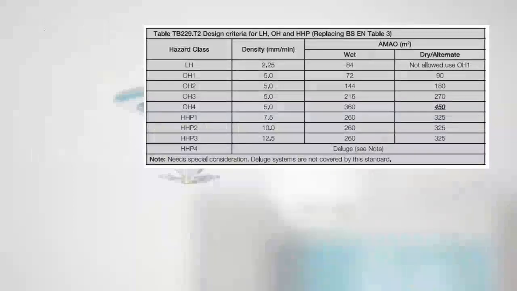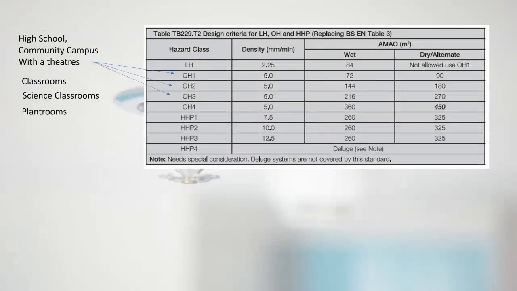Once you know the hazard classification for ordinary hazard and high hazard process, you would use TB 229 table 2. You would follow down the hazard classification here: ordinary hazard group 1, 2, 3 and 4. So Kingspan Factory Wales, high hazard process 1.